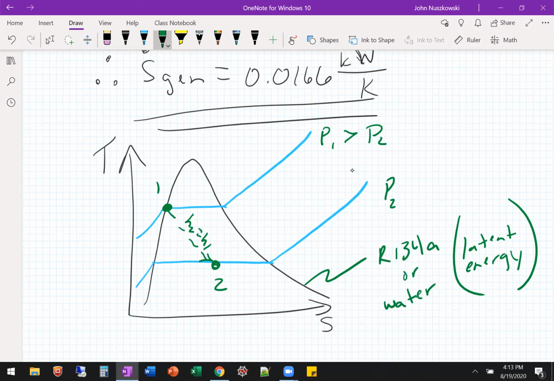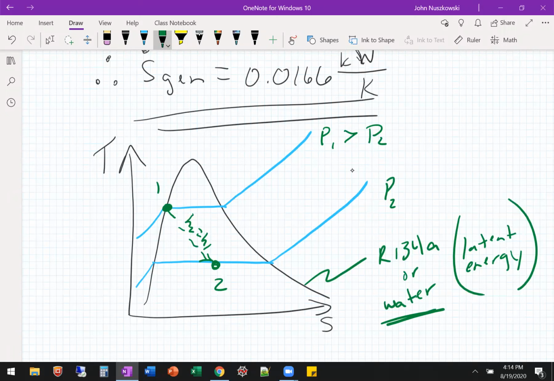Every substance has a dome; it's just at what temperature it occurs. Even CO2 that we talked about in the last problem does have a vapor dome, just at a much lower temperature. So we're using it above where that vapor dome is and where it behaves more like an ideal gas. Hopefully that answers your question and didn't confuse you. But for our book, when we have water or refrigerant, we have that dome.